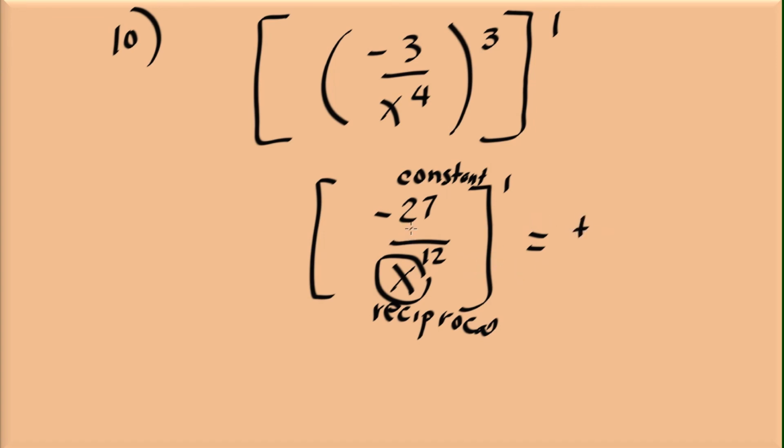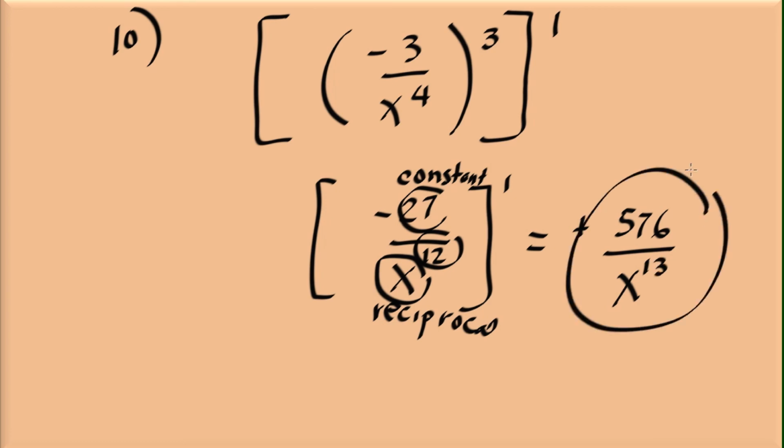The sign will switch, so it's now positive. And then we multiply 27 times 12, which is 324 over x to the 12 plus 1, so 13. Super easy.